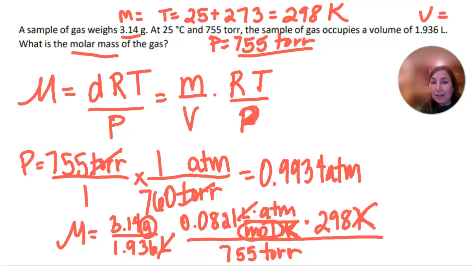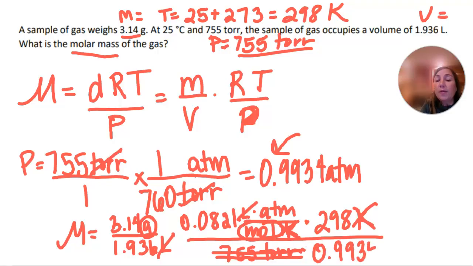That doesn't cancel. That's your sign to go back and do this conversion from torr to ATM. So we already did that conversion, so we know that we're actually going to put 0.9934 ATM here instead. But my point is that leaving all the units of R is key to getting units to cancel, and that's key to noticing if you've made a mistake.